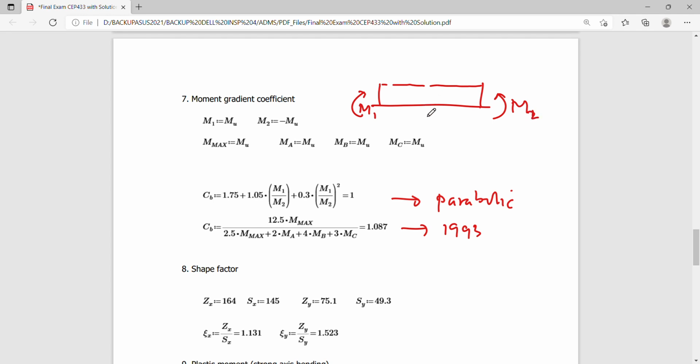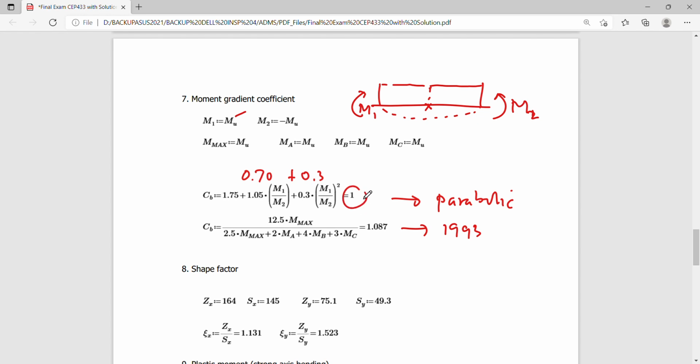Wherever you cut, you put a brace here, still your M1, M2 will still be the same, such that your M1 is simply equal to Mu, which we have computed, and M2 is equal to the negative of Mu. So this is for the sense of bending. For single curvature bending, your M1 over M2 is always negative. So that if I divide M1 and M2 here, I simply get a negative value. So this will be subtracted. So this is simply 0.7, and this is squared. So this is positive 0.3.